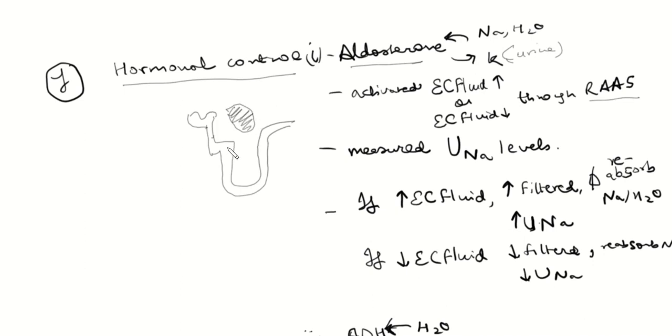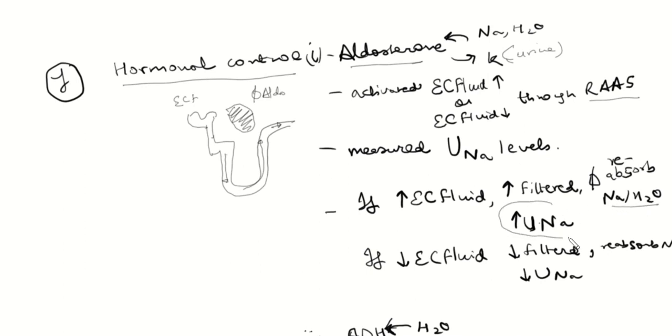What the apparatus does is, if you've got a very high amount of extracellular fluid, there's a very high amount of fluid that goes through the tubules here. That's sensed, and when that's the case, aldosterone turns off. Because aldosterone turns off, the sodium and water are not reabsorbed, and we pee out the sodium and water.